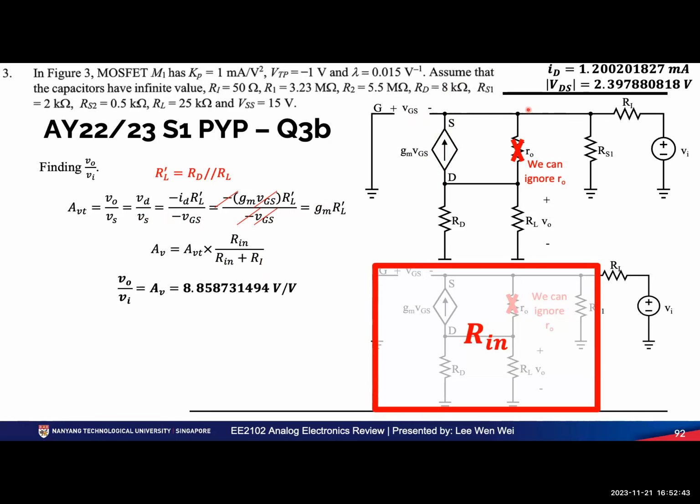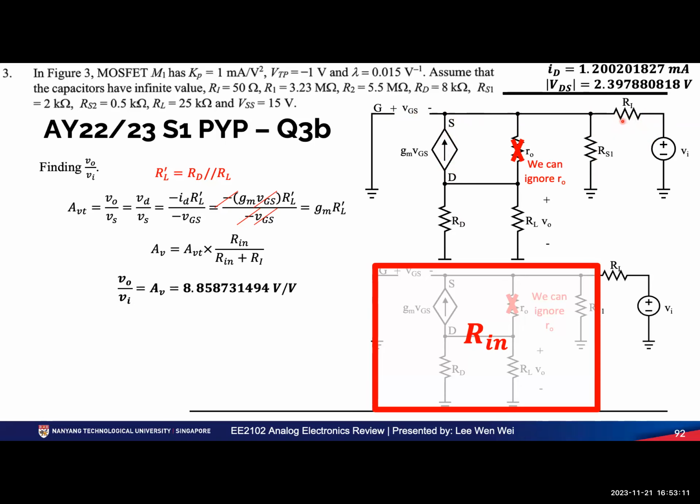Because right now VS is just short to ground. This part never counts. Here is not short to ground. The current will have to go to the S, then come down here, and these two branches.